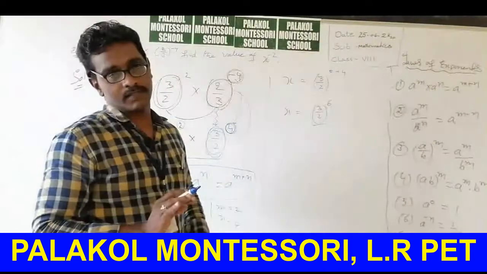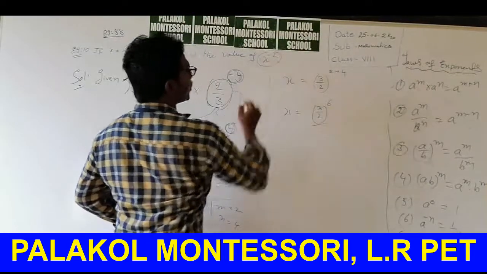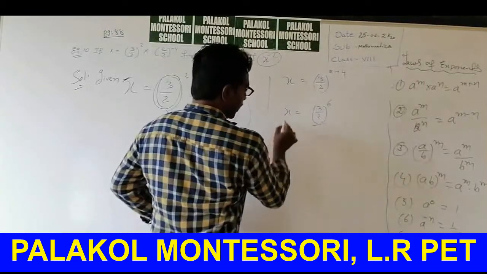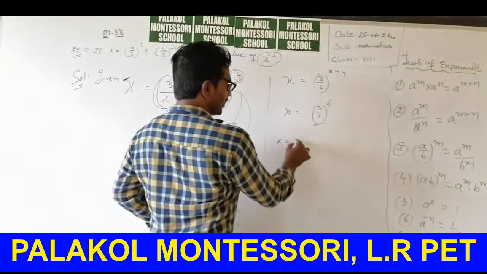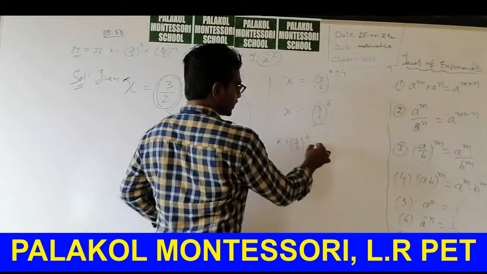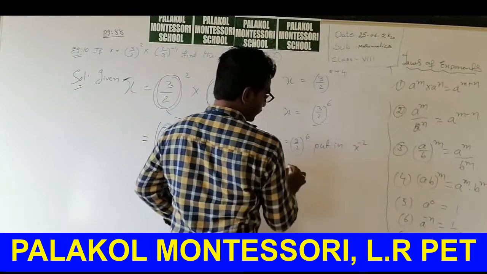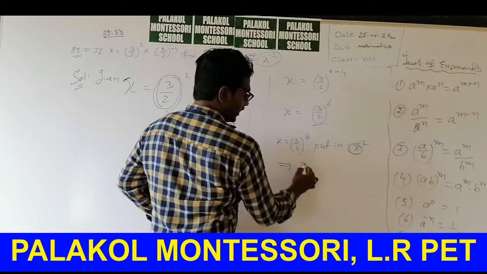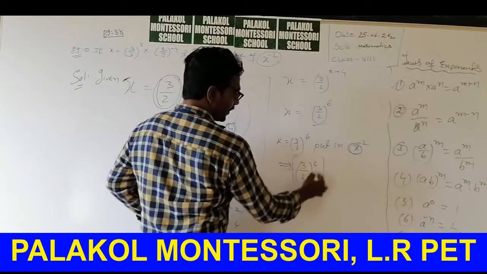Now what do you have to find out? X to the power of minus 2. So already you know the x value: x is equal to (3 by 2) whole power of 6. Put in x to the power of minus 2. That means in the x place you write (3 by 2) whole power of 6, whole power of minus 2.